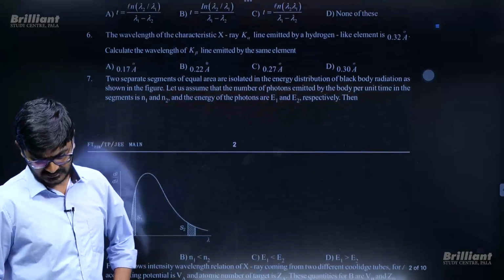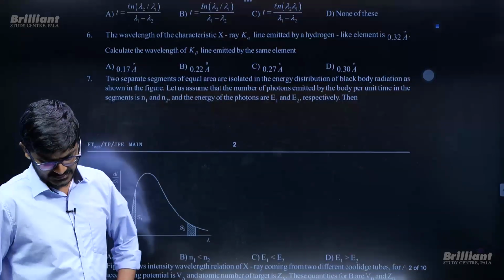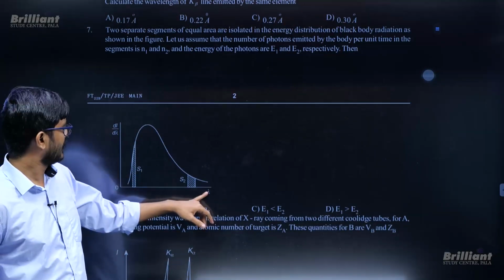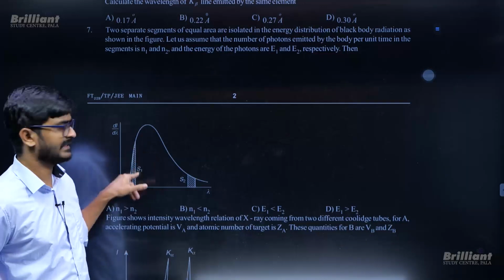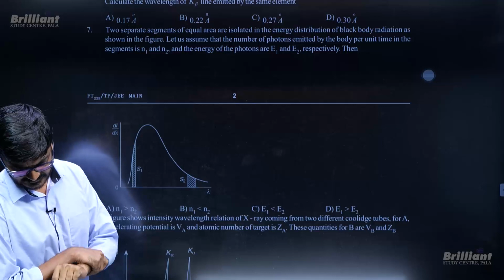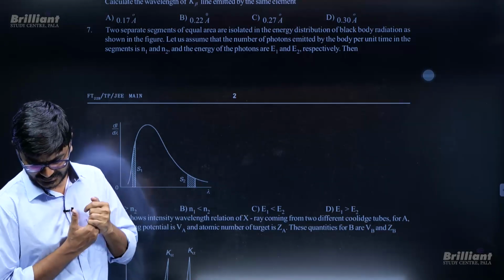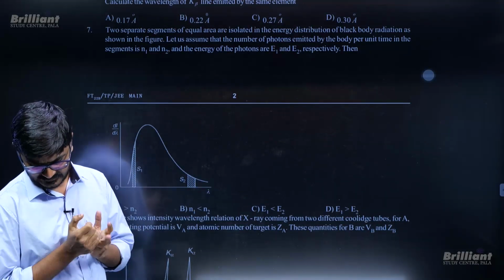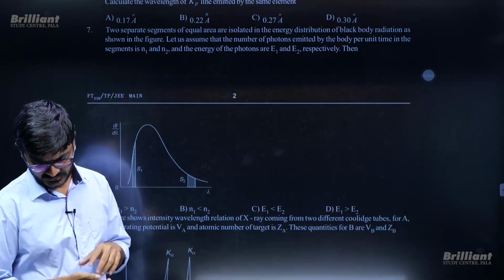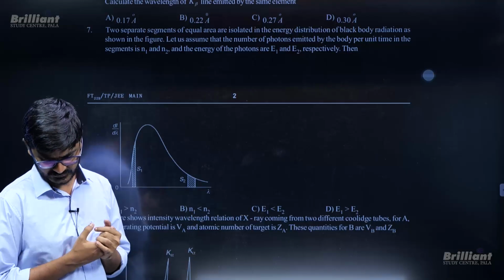Two separate segments of equal area are isolated. Now what does equal area mean? dI by d lambda into d lambda, that is dI, the area. I mean the intensity is going to be the same if equal area, equal intensity. That is, you can visualize it like equal energy, right? The number of photons are n1 and n2, the energies of the photons are E1 and E2.